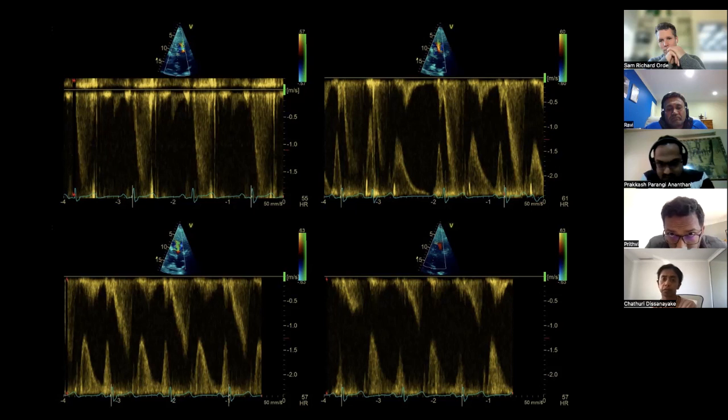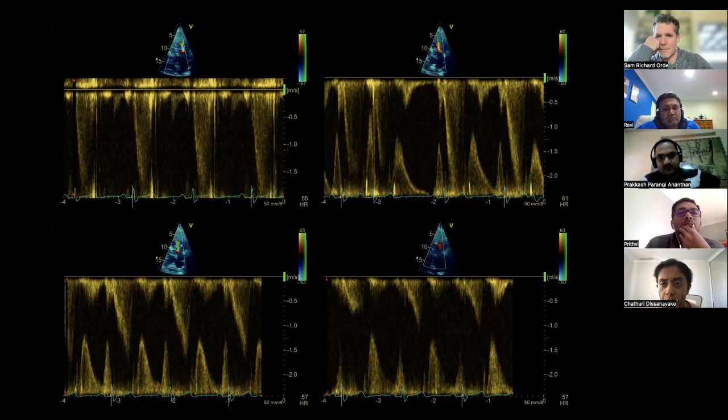So acceleration is reduced in the right bottom, and in the left bottom there is still about 1.5 meters per second. So somewhere in the LVOT and slightly before the LVOT is where the obstruction is.